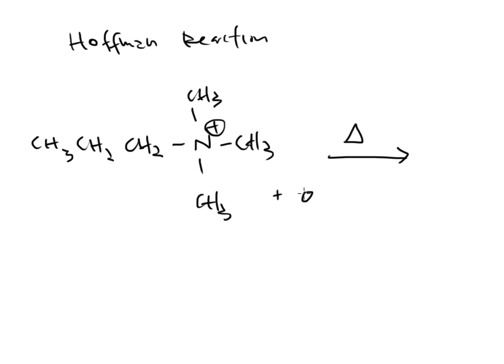However, I need another reagent, and that other reagent is typically hydroxide, another base. Why? Well, that's because these two reagents will come together and an elimination reaction is going to happen. And the elimination is actually an E2 mechanism.